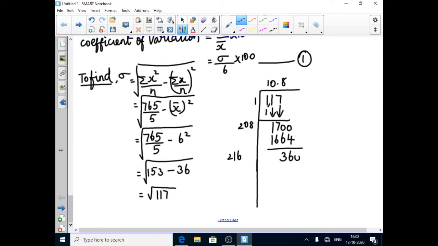Now add 2 zeros. If you put 260 here, it is able to do only one time, otherwise it will go beyond 2000. So 2161. Subtract, the remainder number will be 934. Here it is 1.